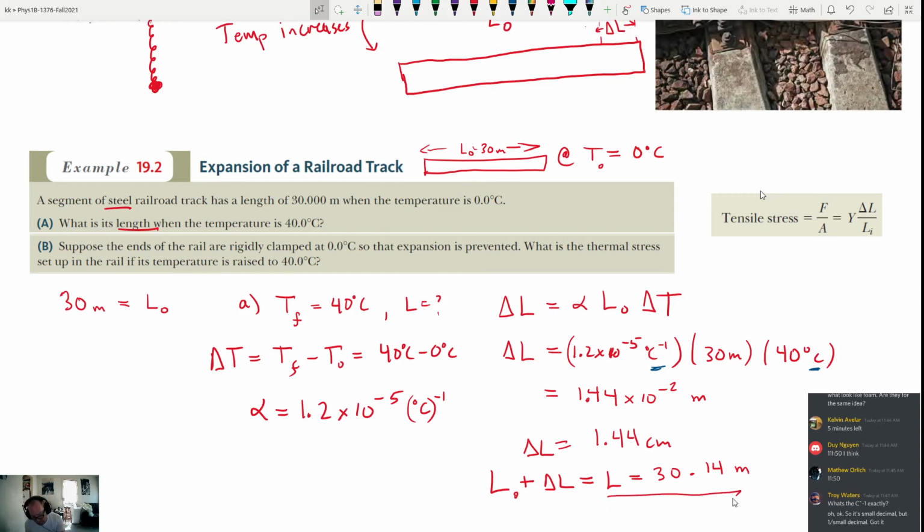Plus 30 equals 30.0144. Sorry, it was one more digit. That's right. And that's going to be in meters.